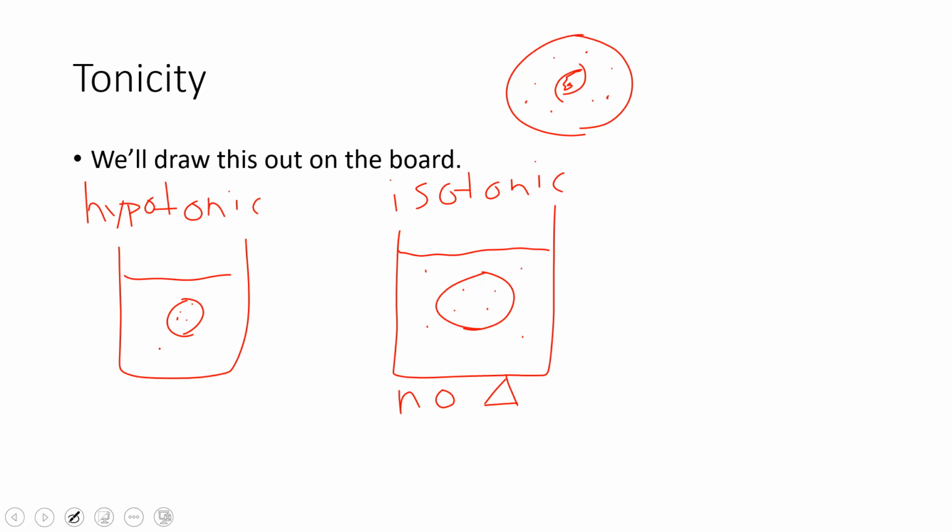So what happens here is water always wants to move into the more concentrated solution. Concentration is dictated by the solutes present inside, so those little spots that I was putting in there. So since there's more spots inside the cell, that means it's more concentrated, so water is going to flow from outside the cell to inside. That is going to cause the cell to swell.